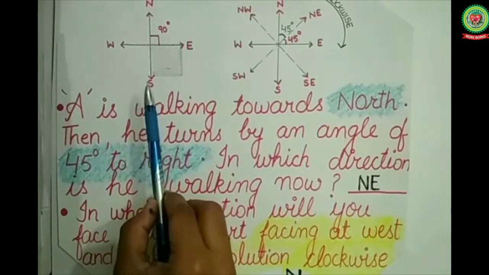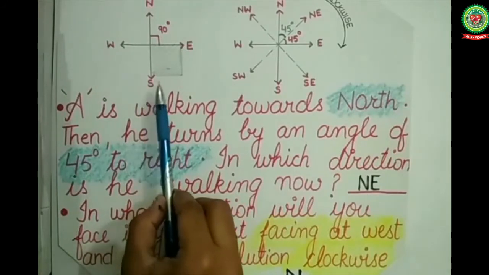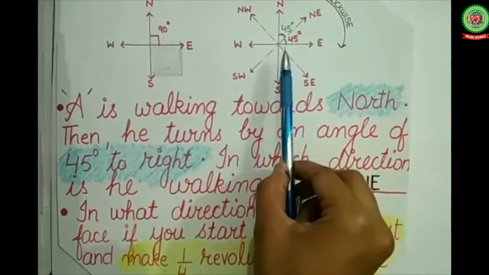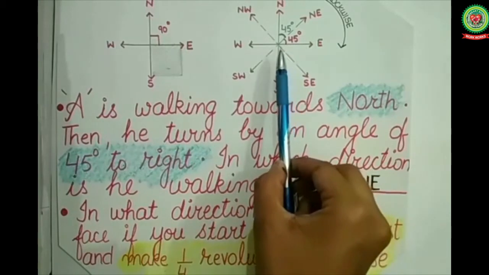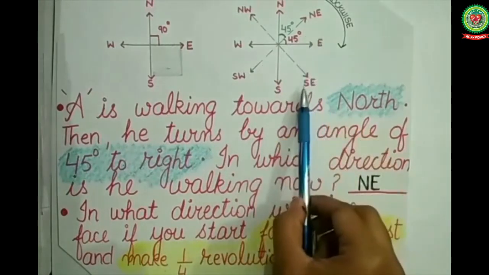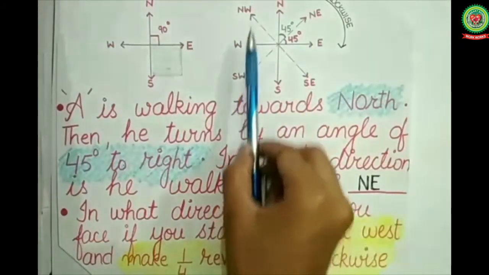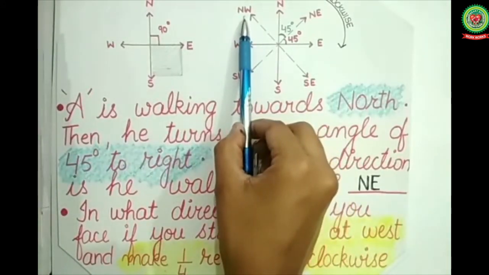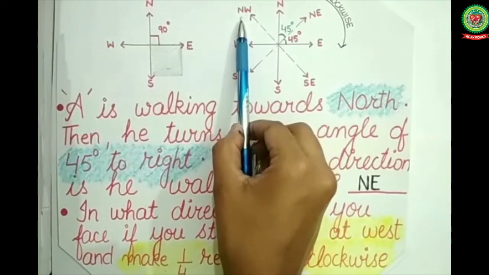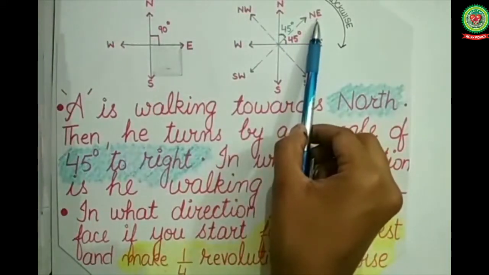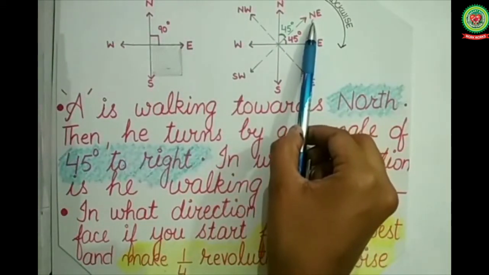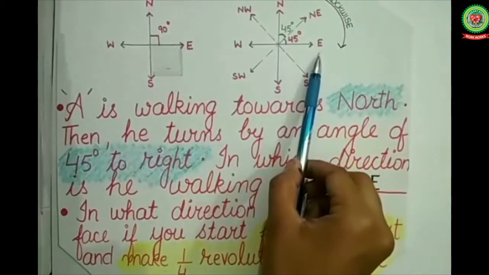Along with cardinal directions, there are also some sub-directions. You can see in diagram number 2. Here, northeast, southeast, southwest and northwest are called sub-directions, where northeast direction is the direction between north and east.